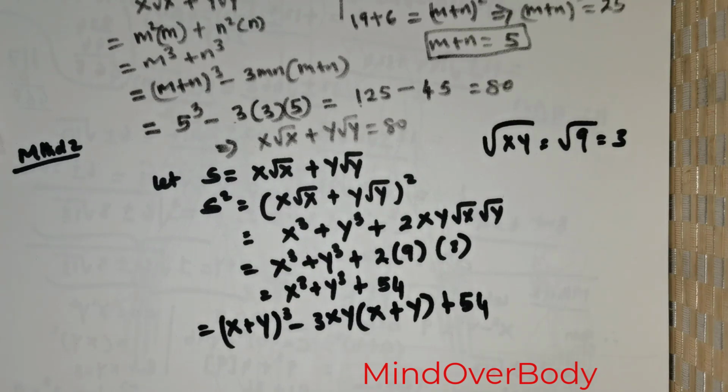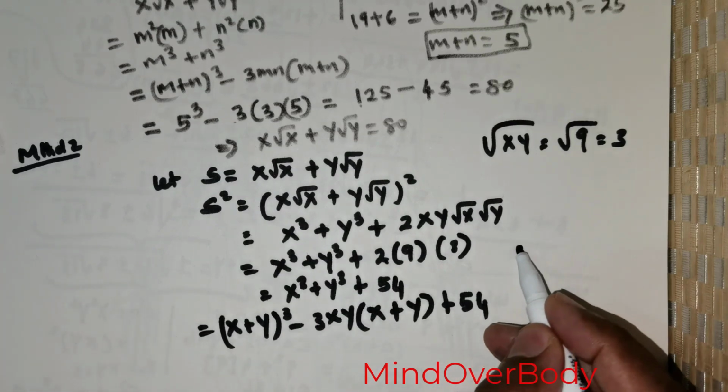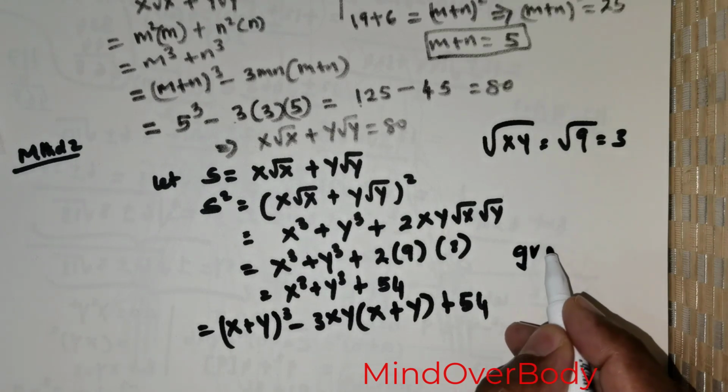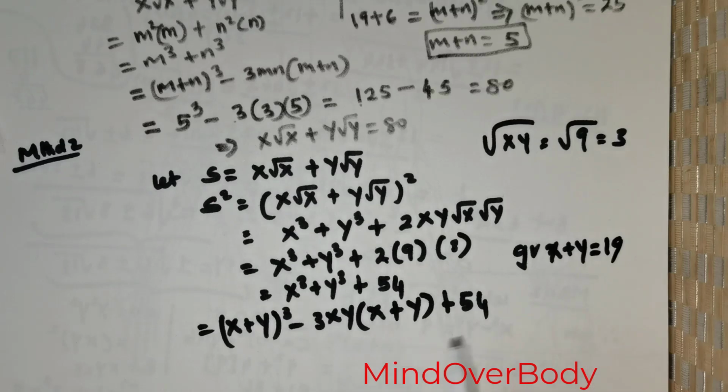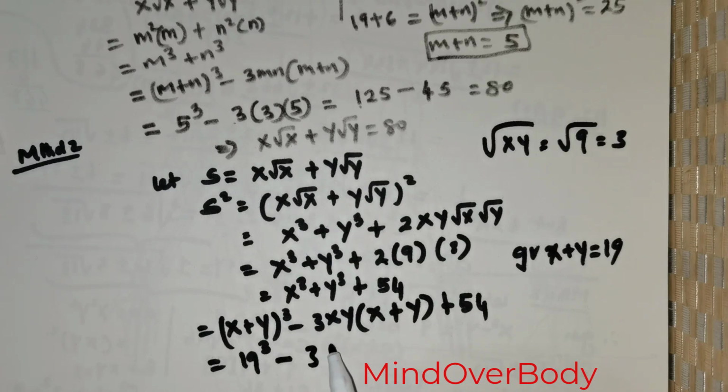Now x positive y, this is given, okay? X positive y is given to be as 19. So this is equal to 19 raised to the power 3 negative 3 times x into y is 9, x positive y is 19 followed by 54.